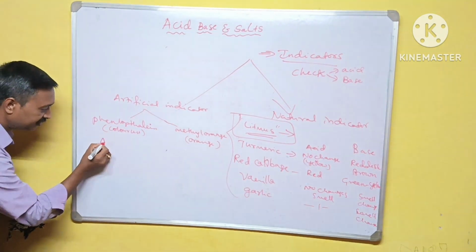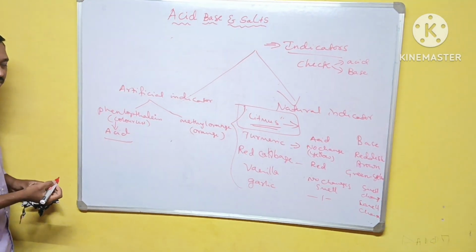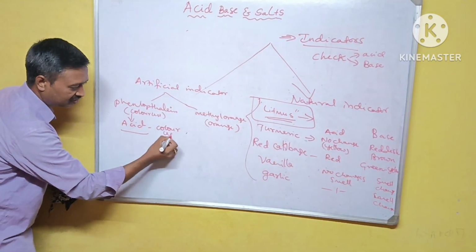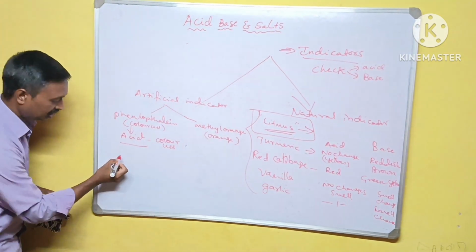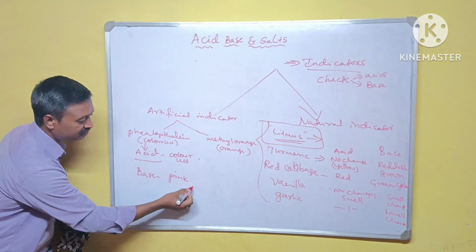With acid, phenolphthalein stays colorless. When you pour an acid, it is colorless. With the base, it changes to pink.